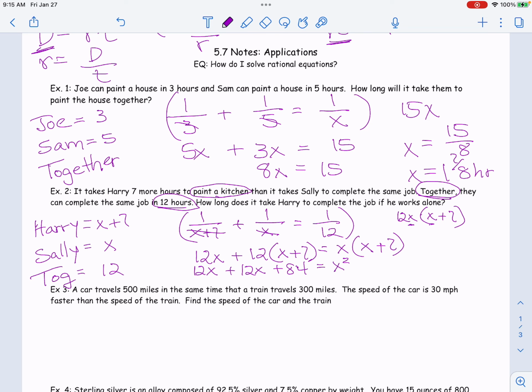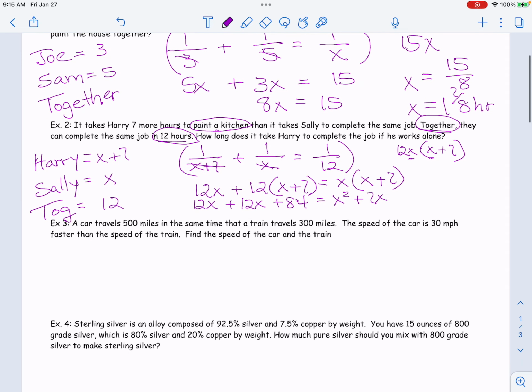plus 84, equals x squared plus 7x. This is a quadratic, so I'm going to move everything to one side. I'm going to keep it on the right side to keep my x squared positive. 24x, this would be negative 24x. This would be x squared minus 17x minus 84.